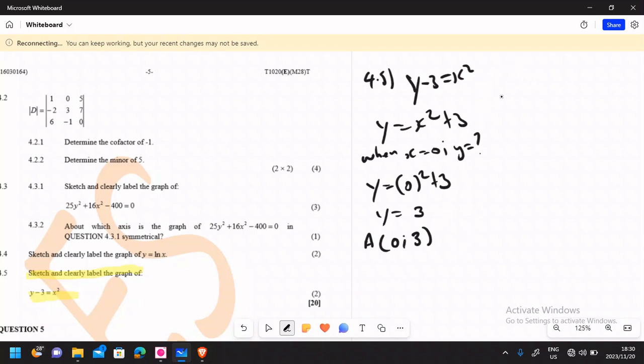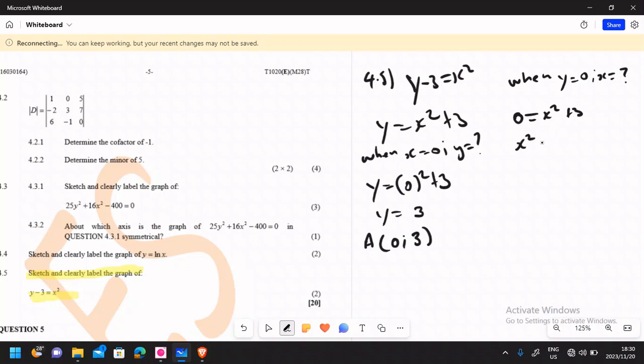But let's look at the x-intercept. Now if we look at the x-intercept, remember we say when y is 0, what is x? Now taking it from here, when y is 0, we're gonna have x squared plus 3. We're gonna take 3 to the other side.